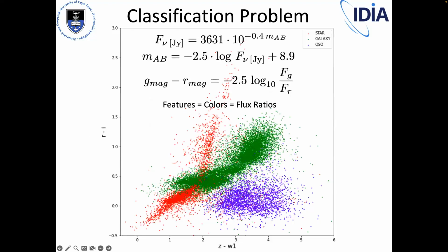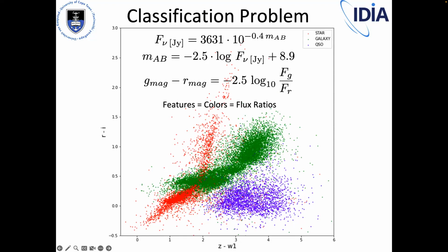So for the classification problem, this was for the data science students, so you probably got bored by magnitudes. We quickly remind you that the difference between two magnitudes in the AB system is some form of the logarithmic flux ratio of the fluxes measured in the two bands.